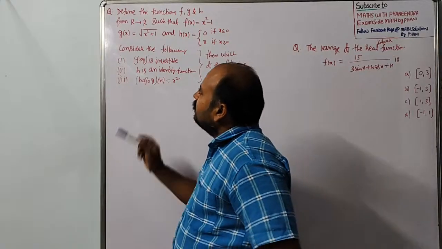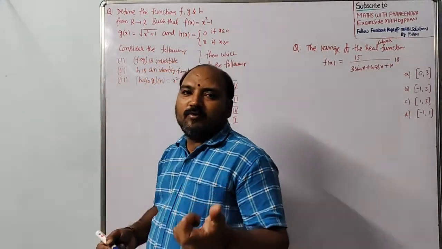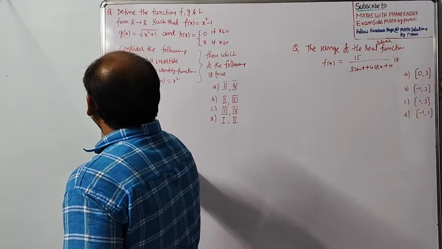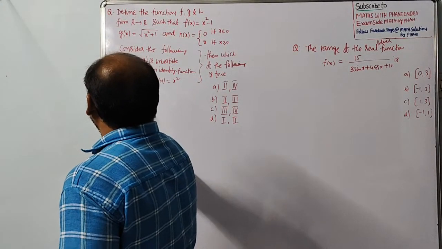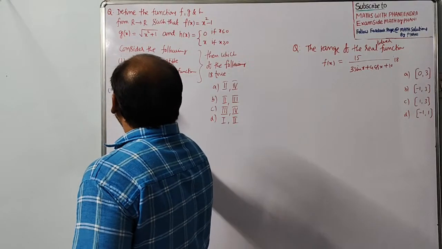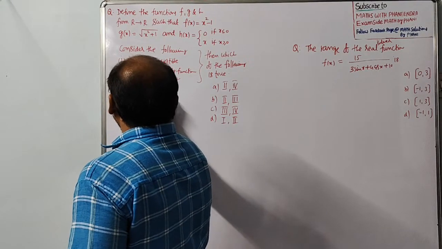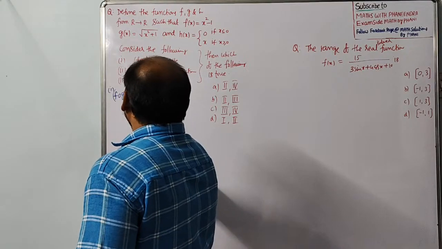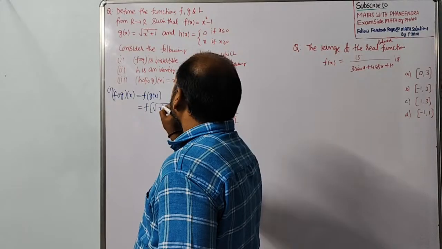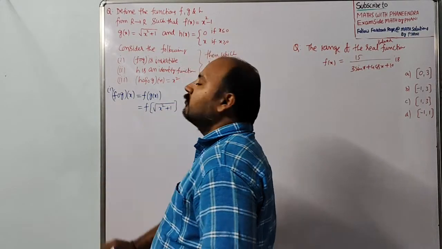So now, one by one, we will verify, dear students. F circle g, that means the first statement I am going to verify. F circle g of x. So f of g of x. So f of, what is g of x in this? Root over x square plus 1.